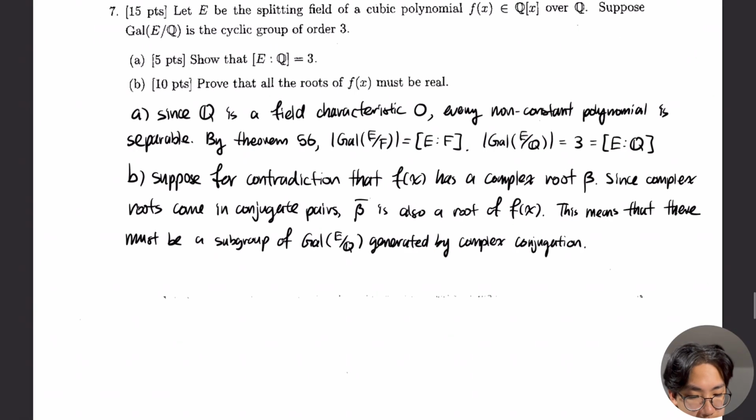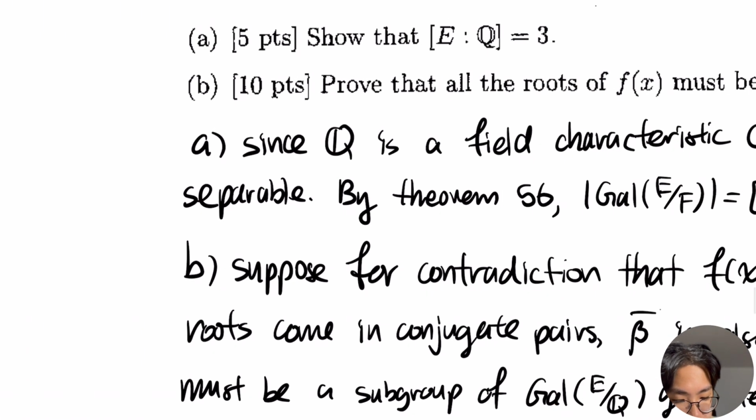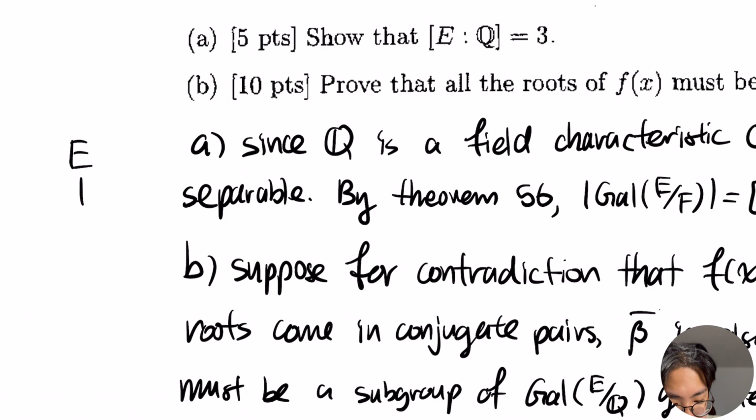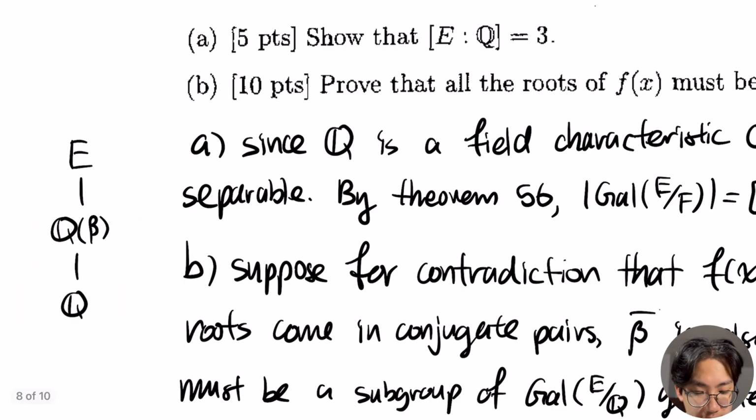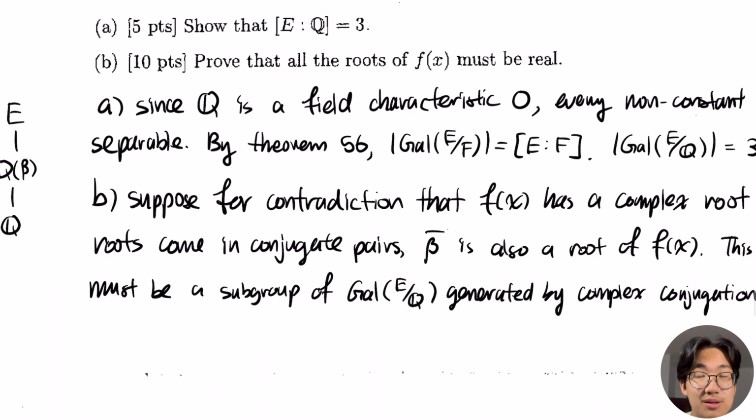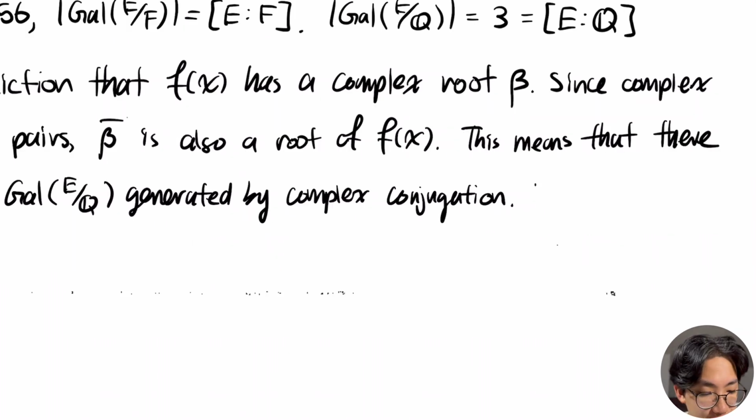The kind of diagram you can envision is we have E over here, and then Q adjoin beta, and then Q itself. We're looking at the entire Galois group, but there's going to be a subgroup somewhere in here that must also contain complex conjugation. So let sigma be complex conjugation.